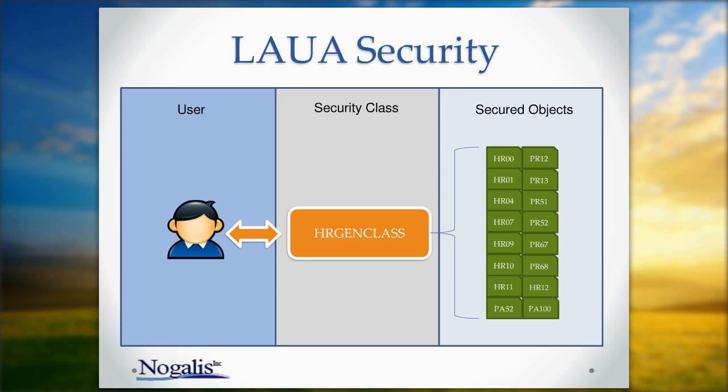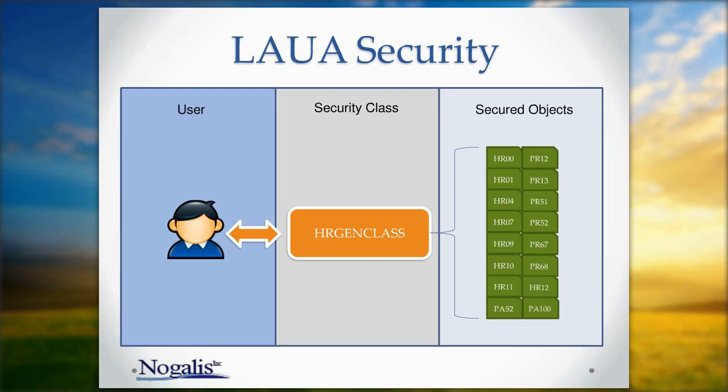In this case, he was assigned the HR general class, and that gave him access to a certain number of screens within Lawson. The problem with that always was that if there was another user very similar to Martin, but let's say he didn't have access to PR67, we would have to create an additional class for that user in order to create that custom level security.